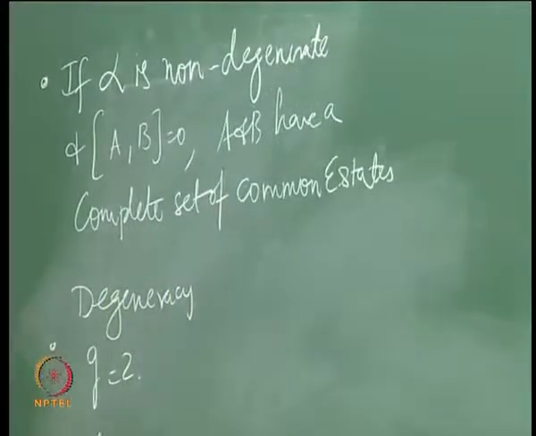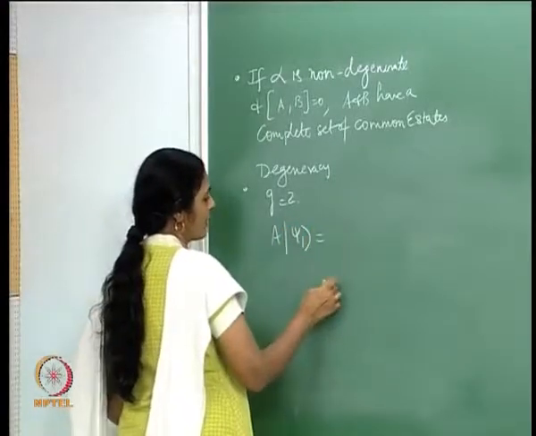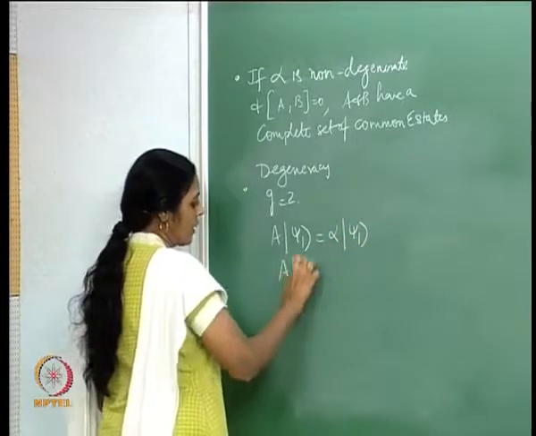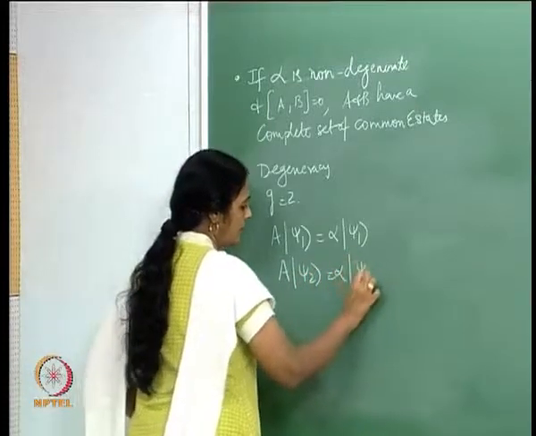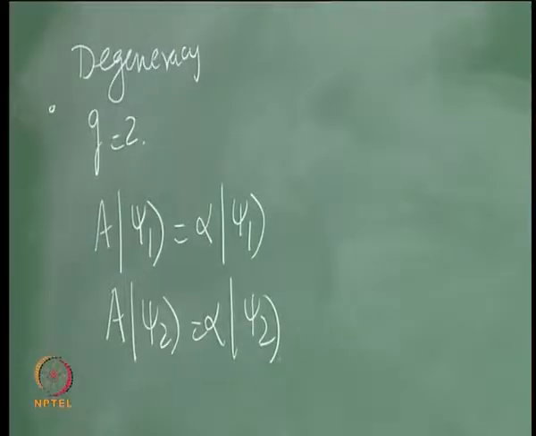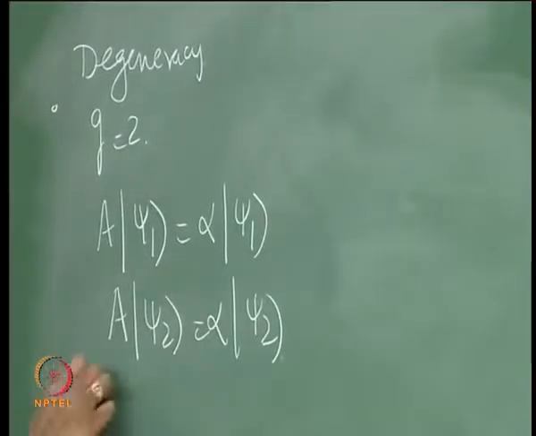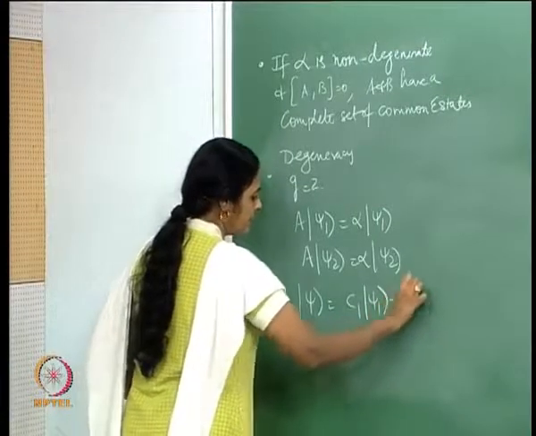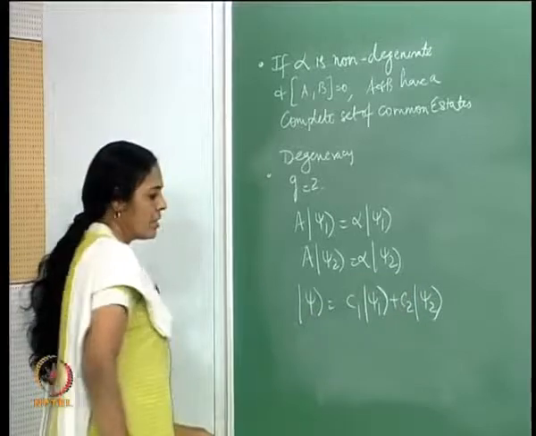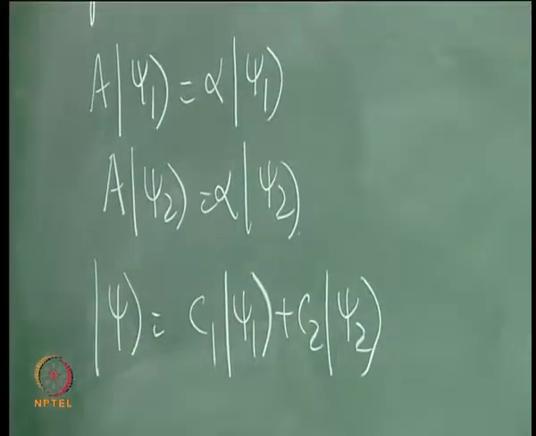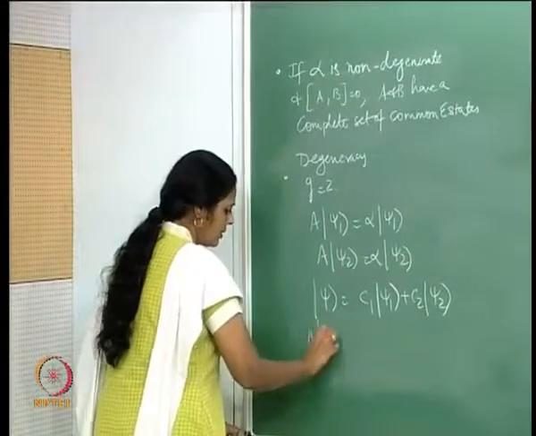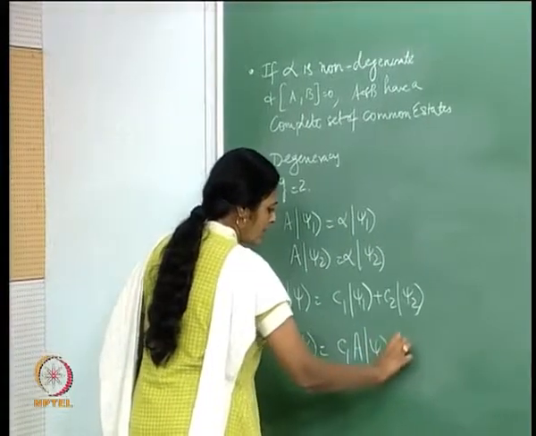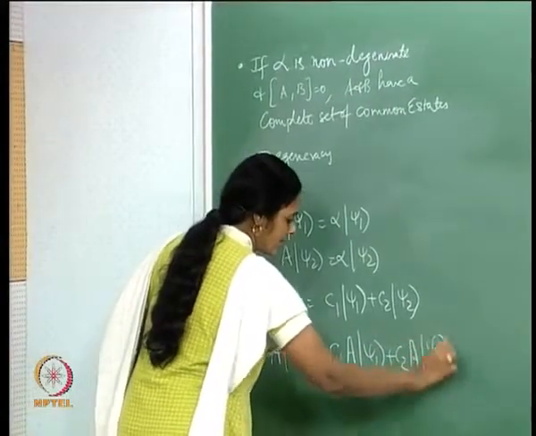In other words, there are two eigenstates psi 1 and psi 2 with eigenvalue alpha. Consider a linear combination psi written this way, where C1 and C2 are for the moment arbitrary constants, no conditions on them. Then A psi is C1 A psi 1 plus C2 A psi 2.